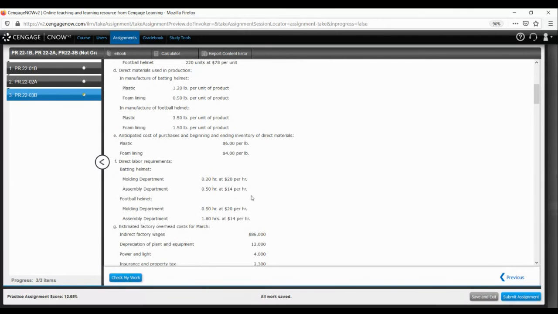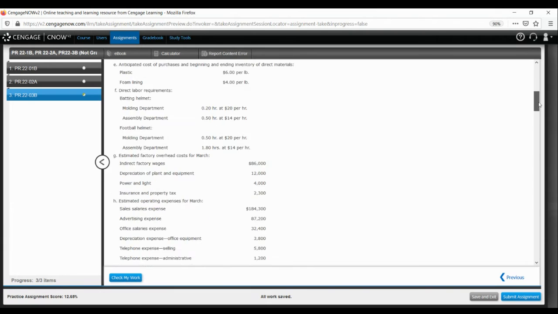The hourly rate for the assembly department is $14 per hour.